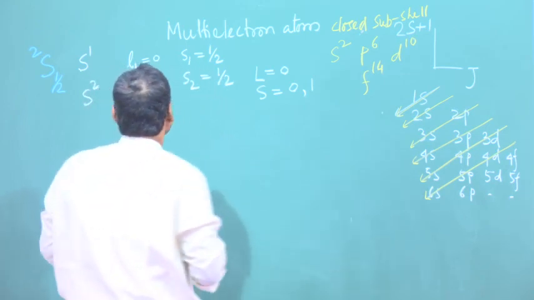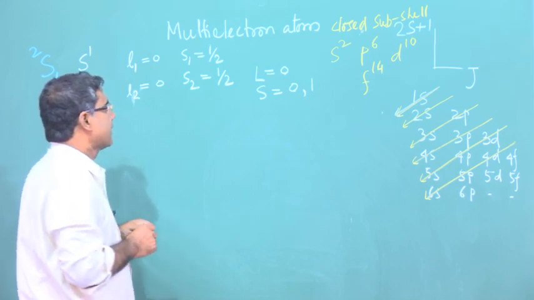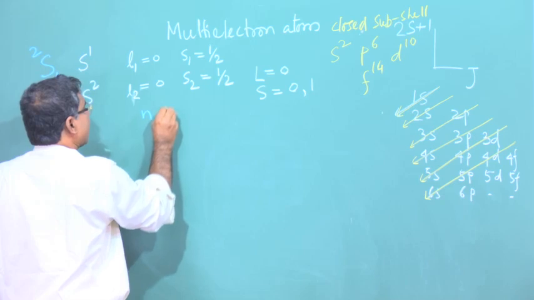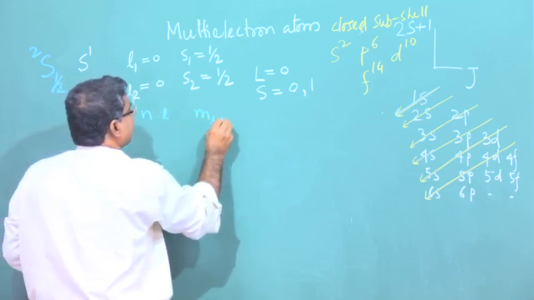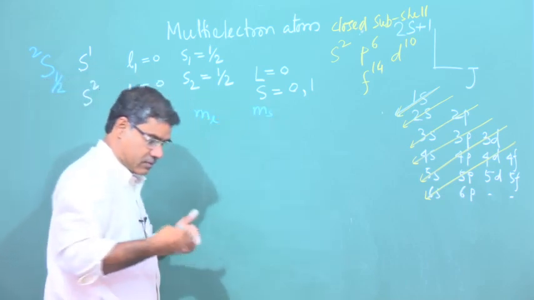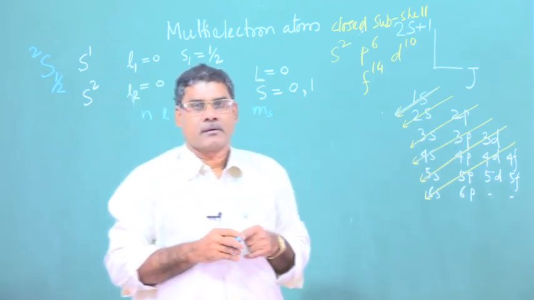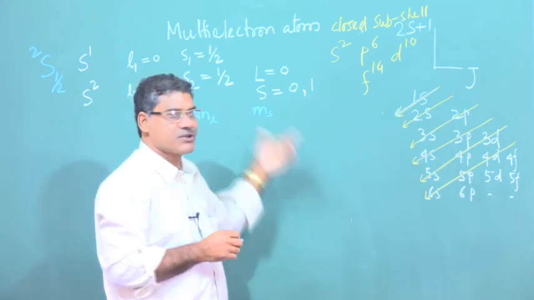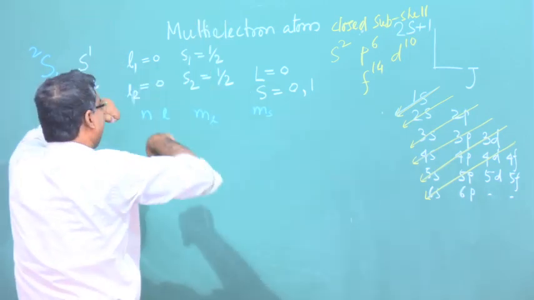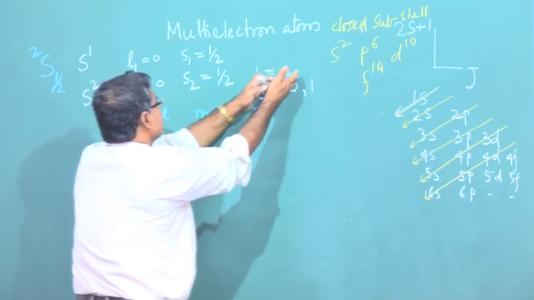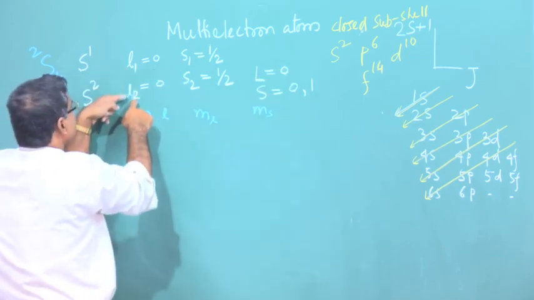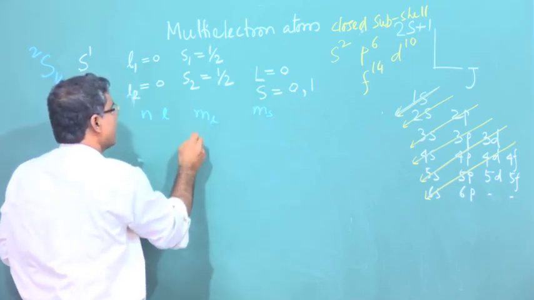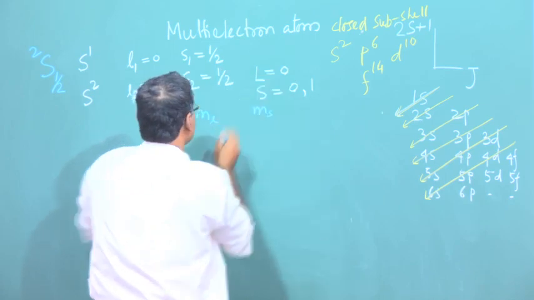The Pauli exclusion principle, as I told earlier, says that the set of n, L, ML and MS has to be different for each electron. So here total L equal to 0, so L1 and L2 both are 0. So ML obviously is 0.